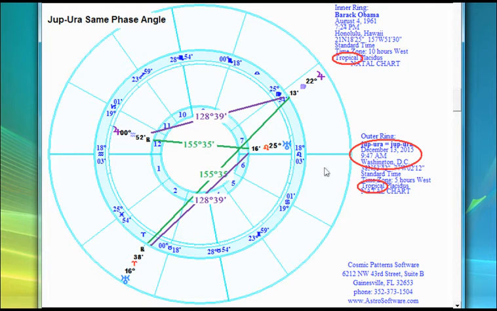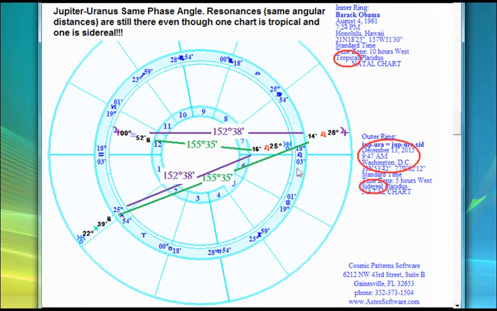The reason it stays there is because I'm looking at the distance between the transiting planets. The phase angle return doesn't matter what zodiac I use, and the double resonance will be there. And I'll show you an example of that. Same exact chart, only now I've left the natal chart as tropical.